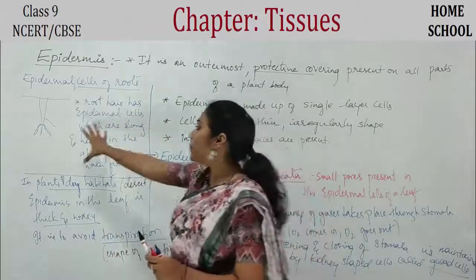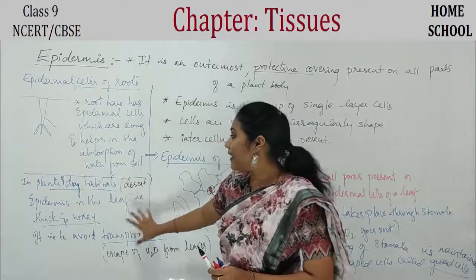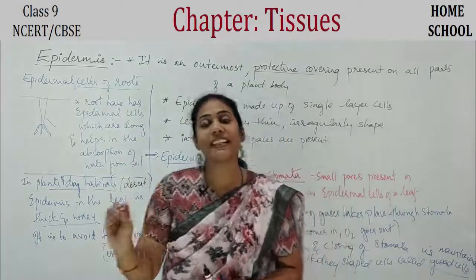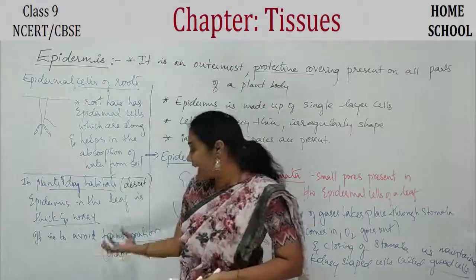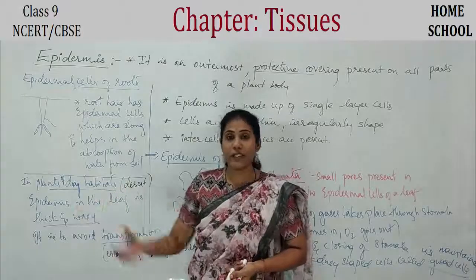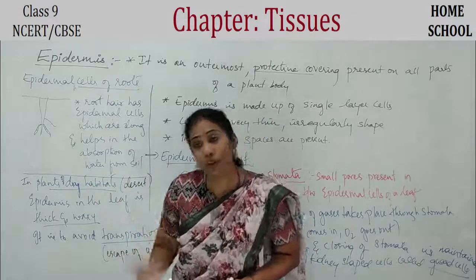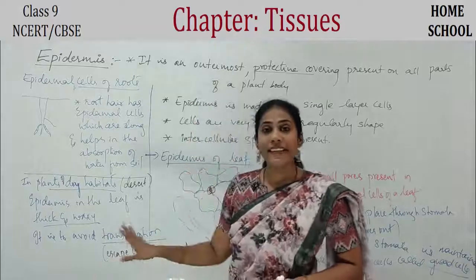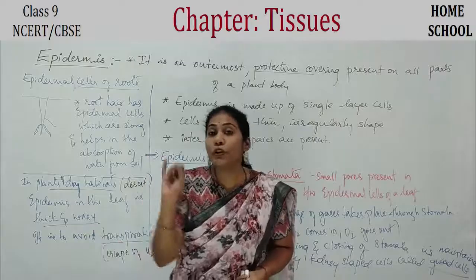Right? So this is one more duty the epidermal cells can do, and the other duty is for the plants in the desert area, where you will observe a lot of transpiration usually because the area is very much dry. More and more water may go out from a leaf. To avoid that, how are the epidermal cells designed in those plants?